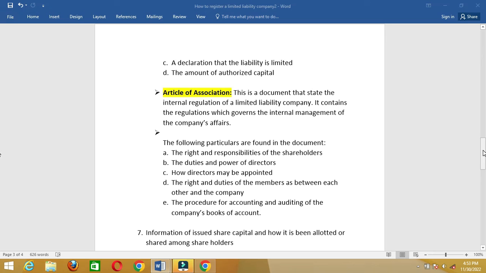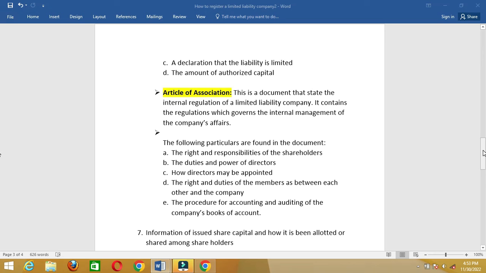But before I proceed further in giving you information contained in Article of Association, let me rewind and define what Article of Association is. The Article of Association is a document that defines the rules and regulations that govern how the company is being run, right?